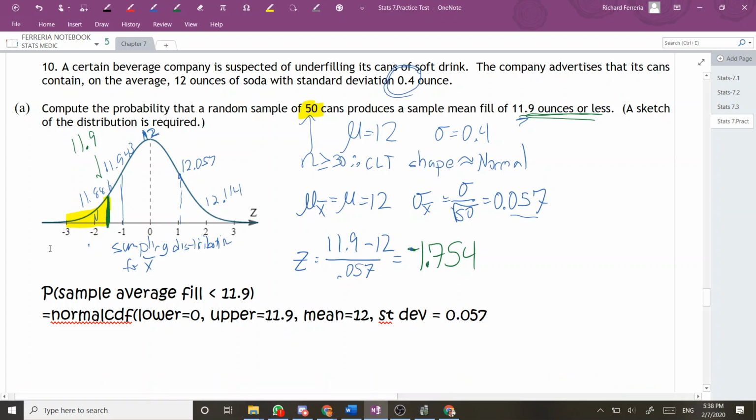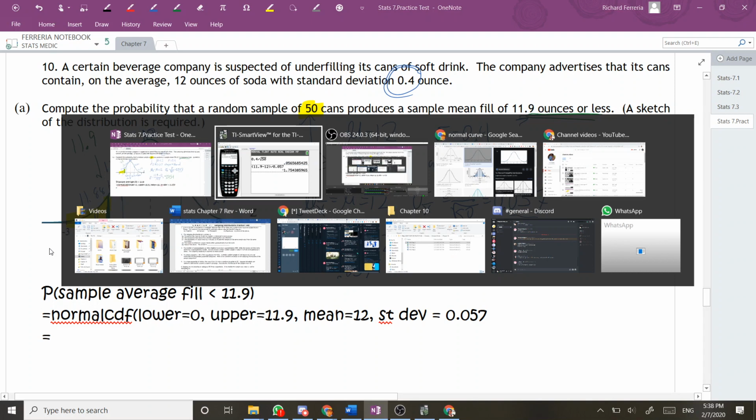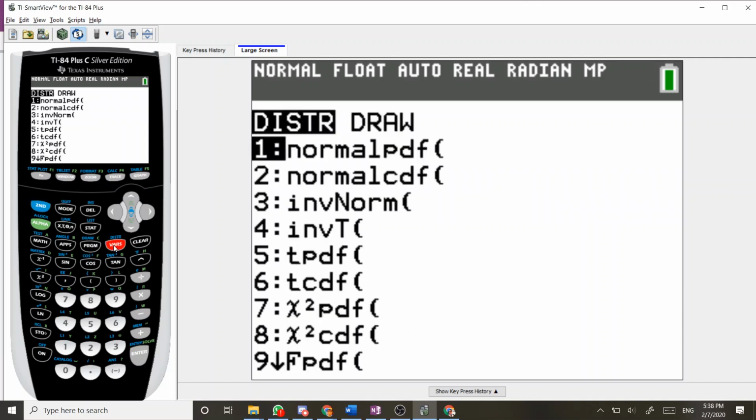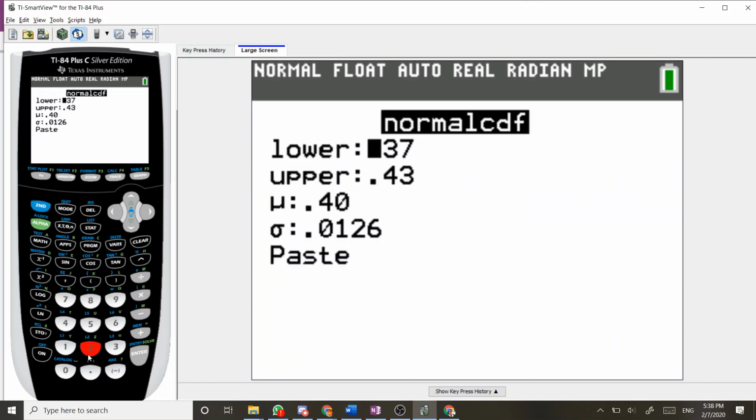And that should give us our answer. We're going to go to distribution, number 2, normal CDF, your friend and mine.